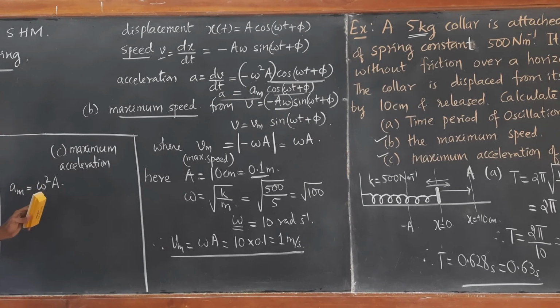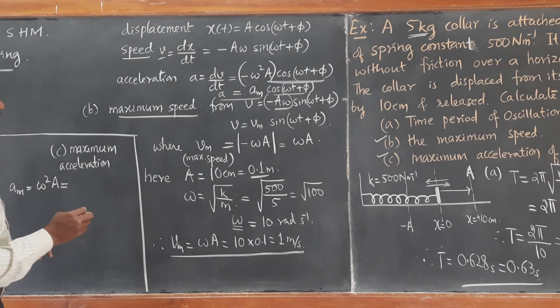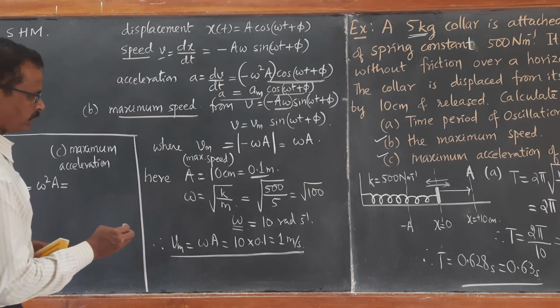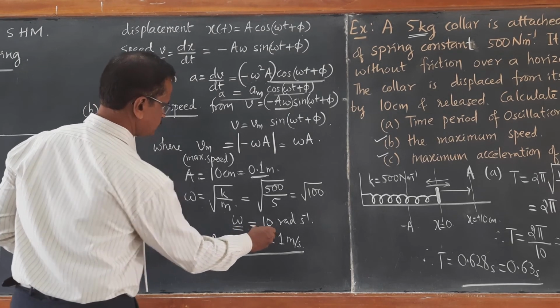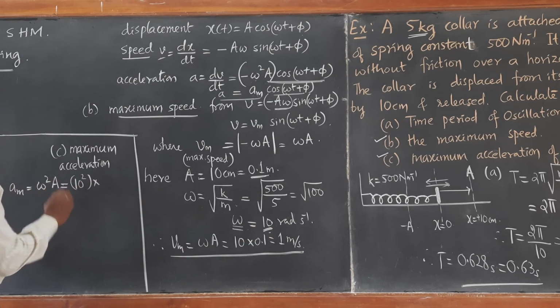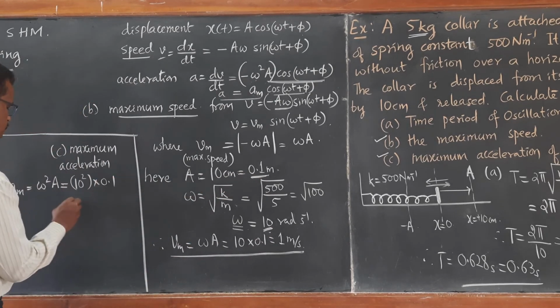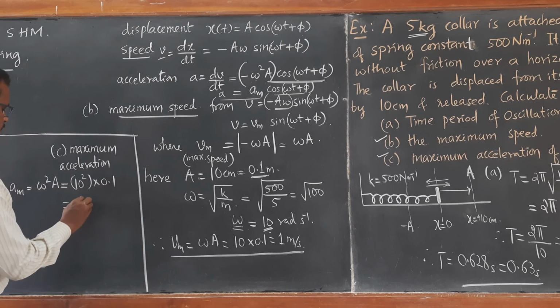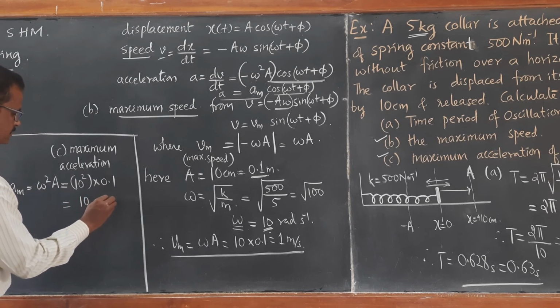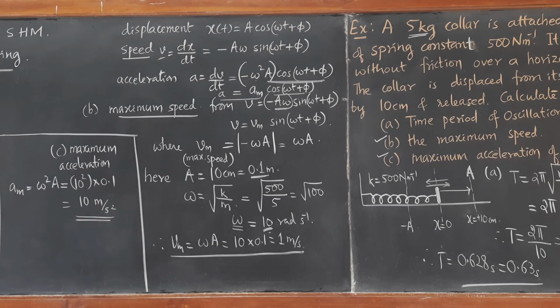So we take the magnitude of minus omega squared A. We have already calculated omega: 10 squared into the amplitude, 0.1. So it becomes 10 meter per second squared. So this is the maximum acceleration, which will be maximum at the extremities.